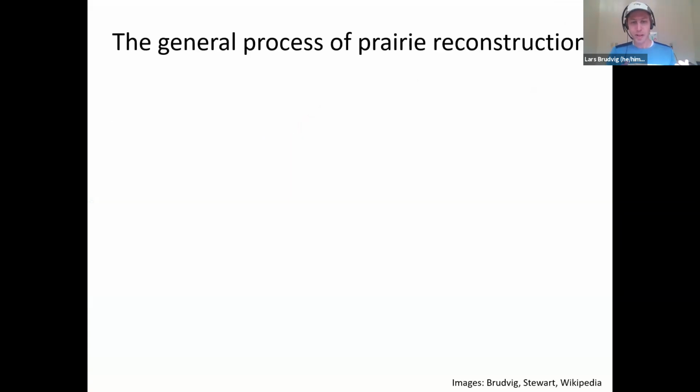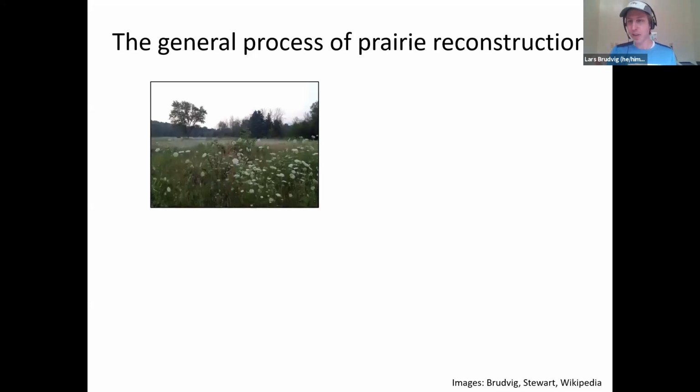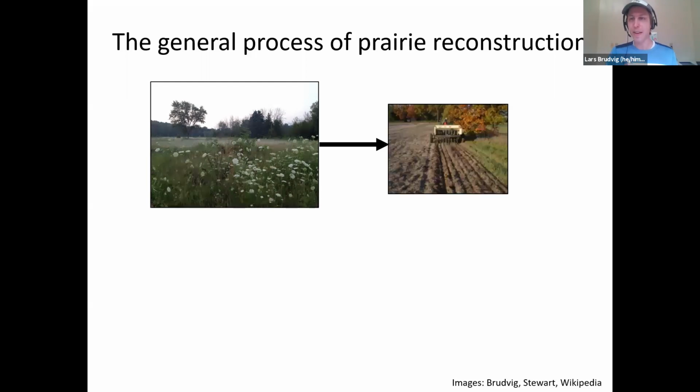Okay, so this is dramatically oversimplifying this rather complicated process of reconstructing prairies. But again, just so that we're all on the same page, we can start with a field that we want to reconstruct. It might be an old field. It might be coming straight from tillage agriculture. If it is an old field, we'll use herbicides typically and spray out this vegetation. We'll add the seeds. This could be through broadcast seeding, using a seed drill like we see here.